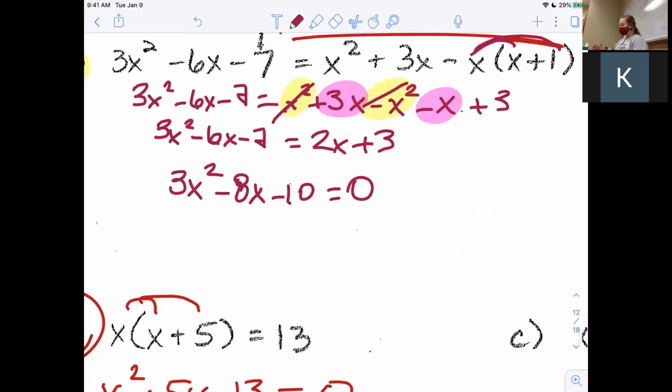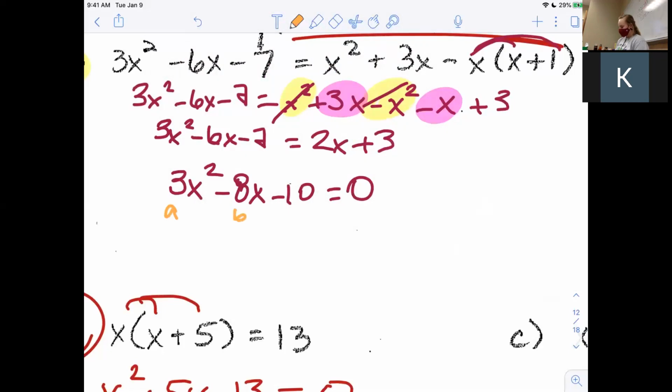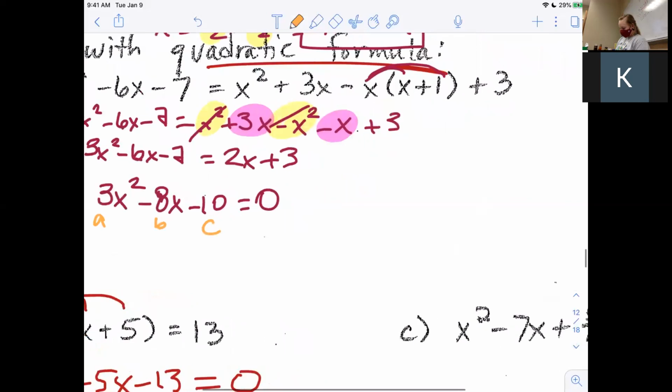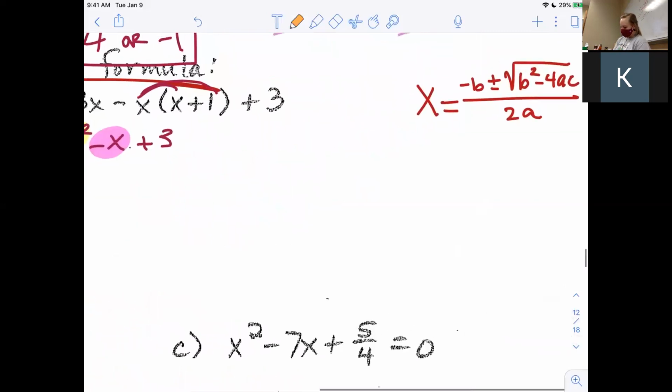So now I can use my quadratic formula. A, B, C. I'm going to scroll over to blank space and then I'll zoom out for everybody to see.